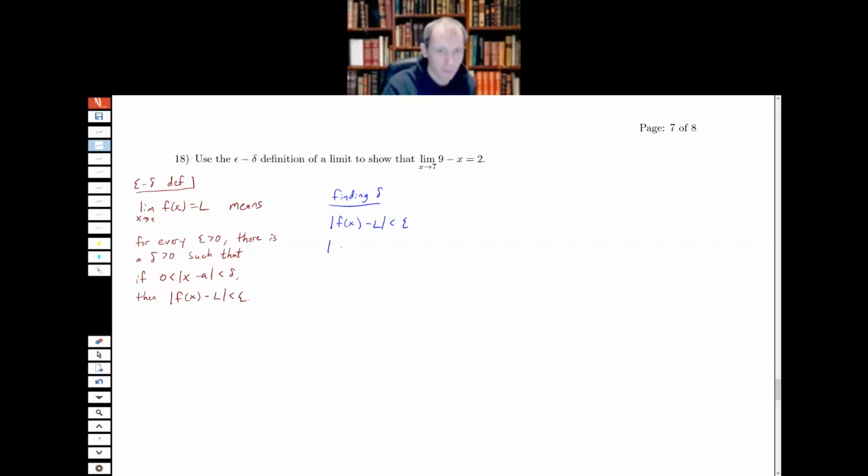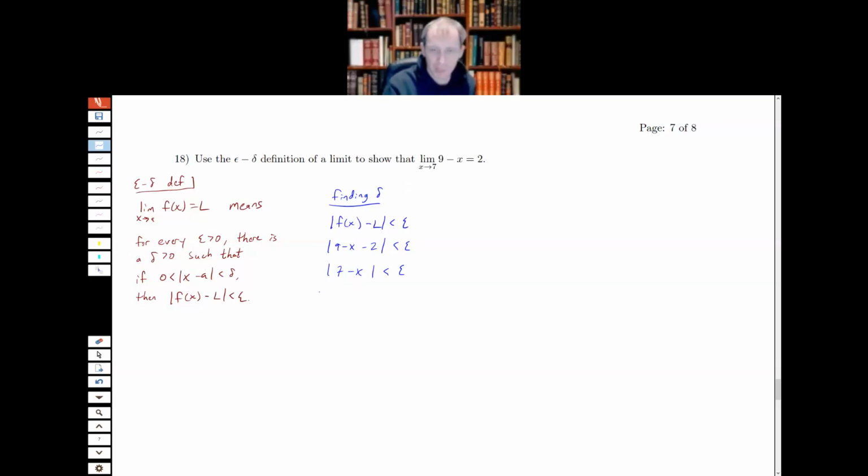So we plug in the function f of x, 9 minus x, plug in the value for L, that's the 2. Okay, let's simplify. 9 minus 2 is 7. And what I want to work towards is x minus a less than delta, and the a is 7. So I want to get to x minus 7.